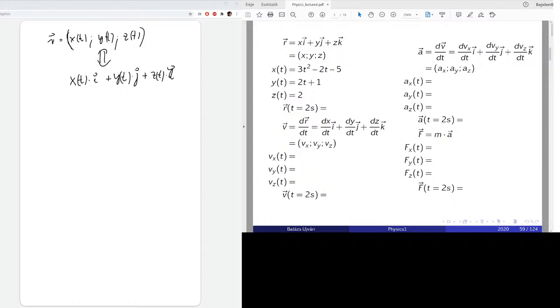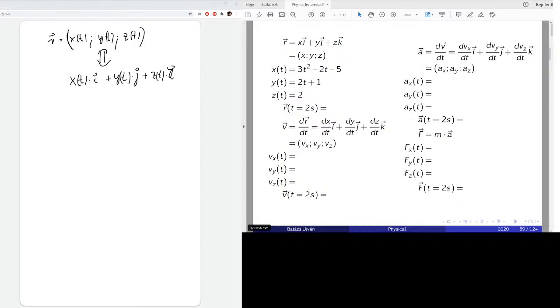These are along the x, y, and z axis, and technically these are unit vectors. In every coordinate system we can have unit vectors, and this form is simply equivalent with each other.